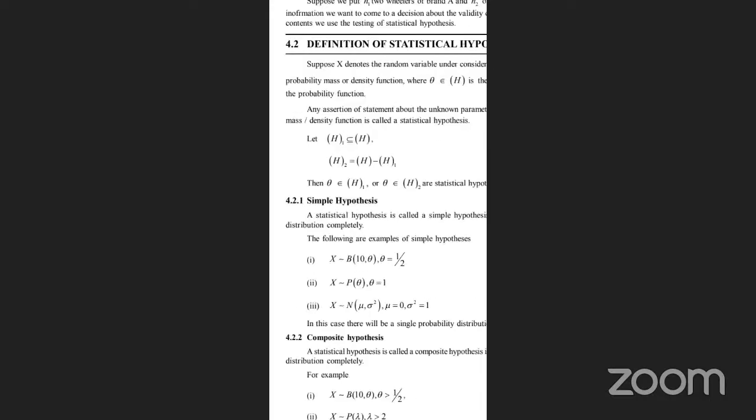Any assertion or statement about the unknown parameter theta involved in the probability mass or density function is called a statistical hypothesis. H1 is a subset of H and H2 is equal to H minus H1. So theta belongs to H1 or theta belongs to H is called a statistical hypothesis. Already I told you H0 is the null hypothesis and H1 is the alternative hypothesis.